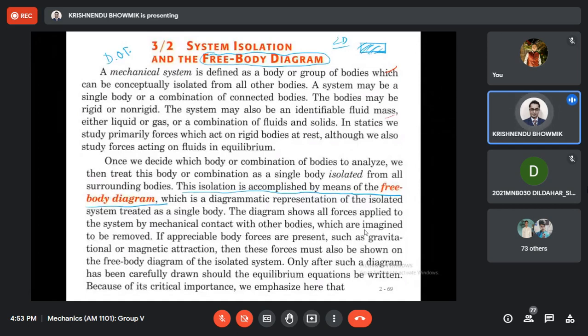If after calculations the unknown forces or moments are positive, then your assumption is correct. If unknowns are negative, then the actual vector is directed in the opposite sense. Maybe a force you considered positive may be negative, or a couple or moment you considered clockwise may be anti-clockwise.